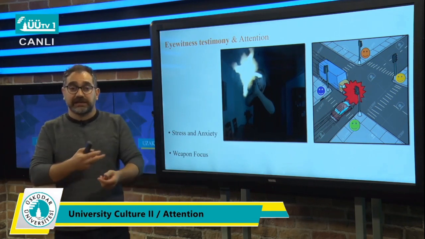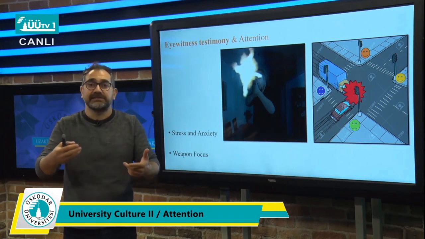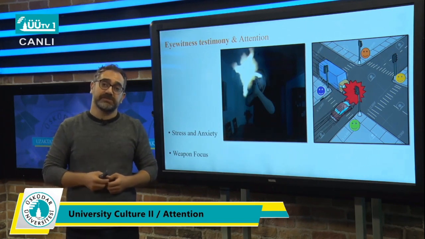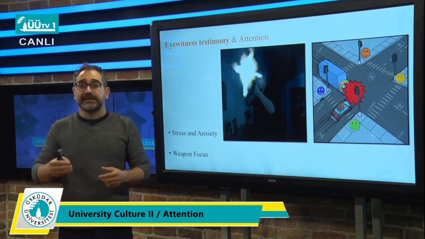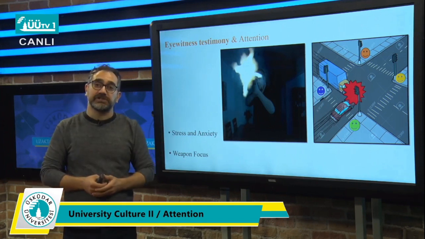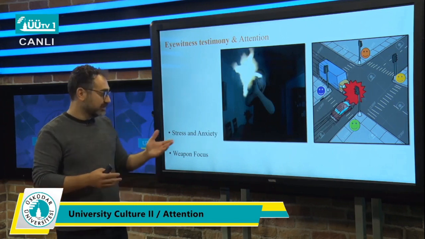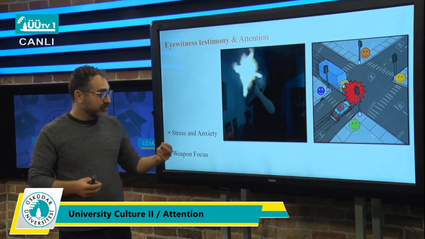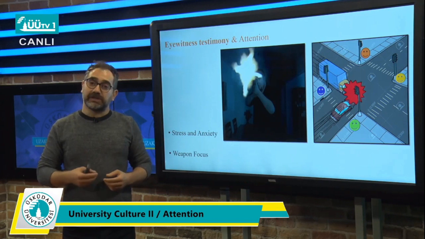Was he wearing a watch? Nothing. They don't remember because they didn't attend to those stimuli. What they attend was the weapon, and in fact, they can give full detailed information about the weapon that was used. So, therefore, weapon focus, stress and anxiety are depriving our attention skills.